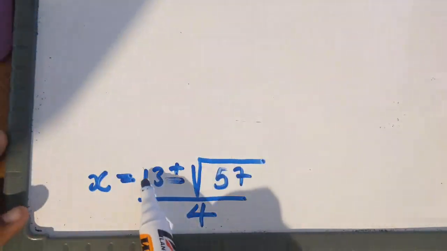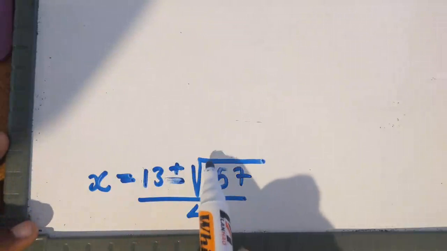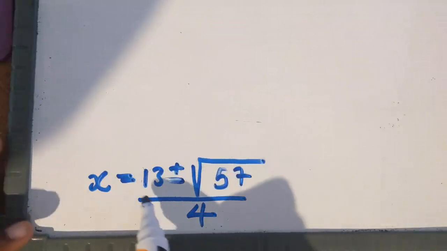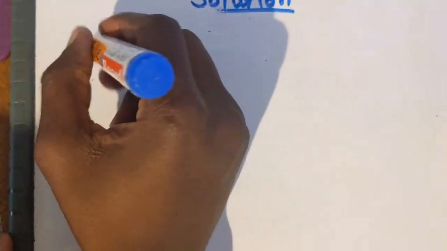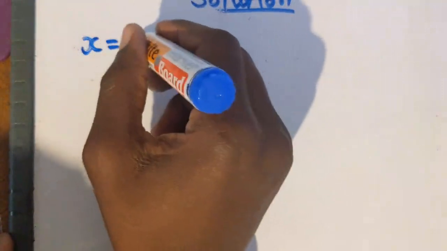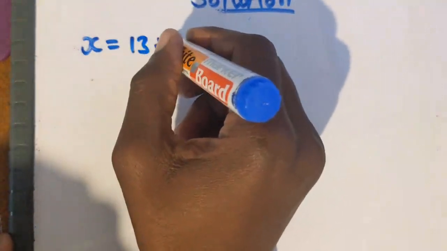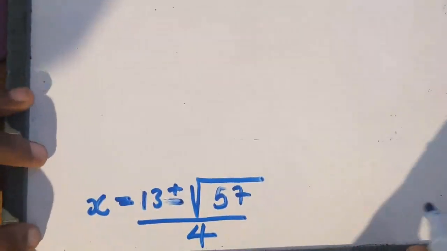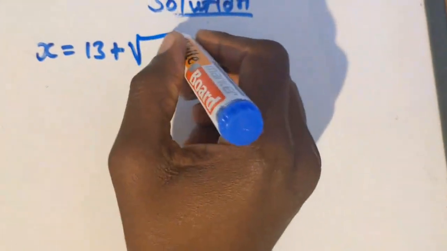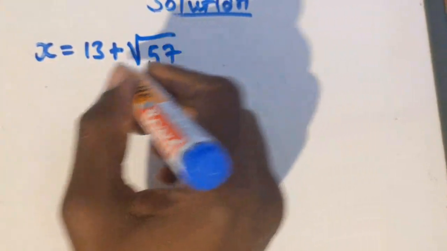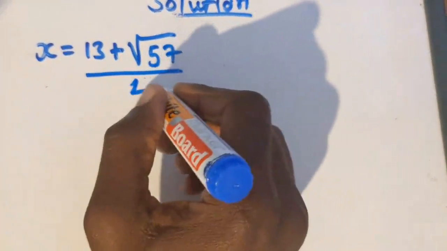So you write the one with the positive and everything, and the other one with the negative and everything. So you're going to say x is equal to positive 13, then you get the one with the positive. Just get the positive from here, so you just say root of 57, then divide by 4.